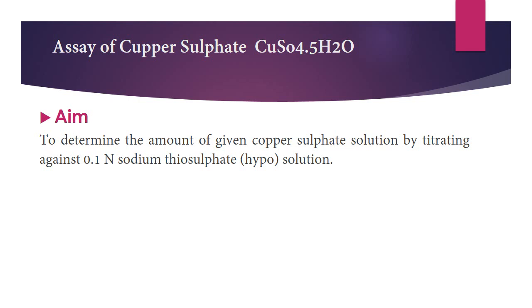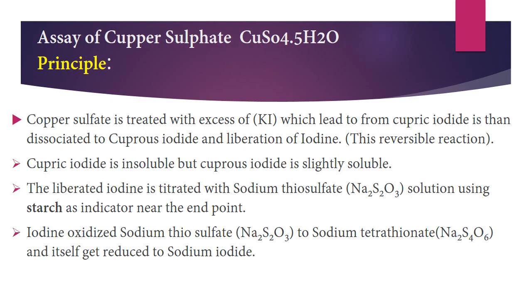So what is the aim of this assay? It is to determine the amount of copper sulphate in a given solution by titrating against 0.1 normal sodium thiosulfate, or hypo solution. So sodium thiosulfate is used as a standard solution to determine the copper amount in the copper sulphate solution. So, what is the principle for the assay of copper sulphate?